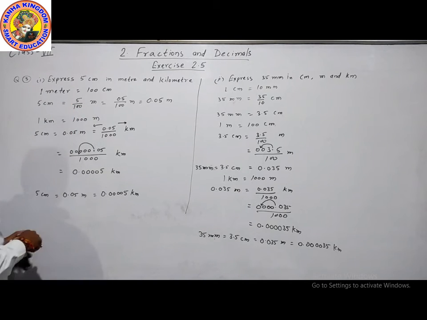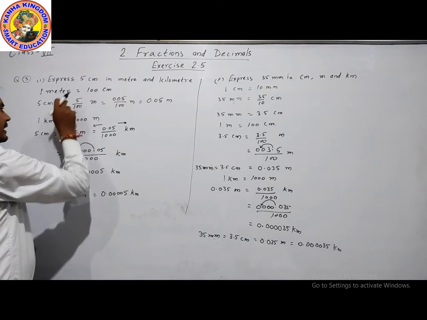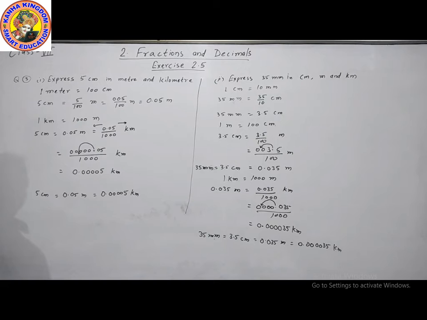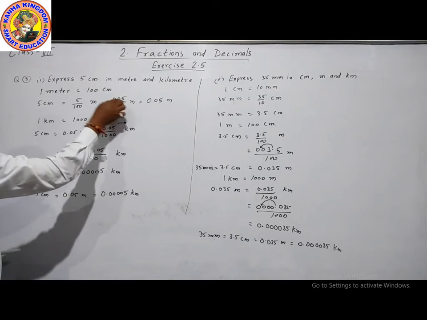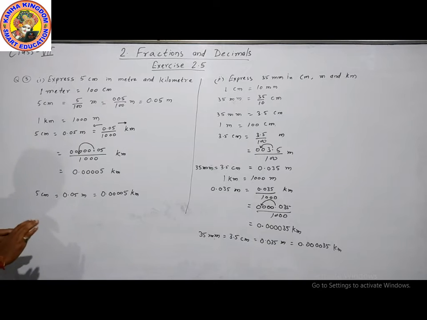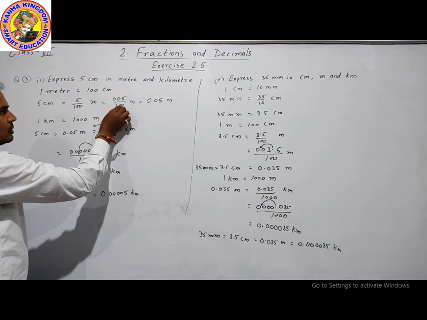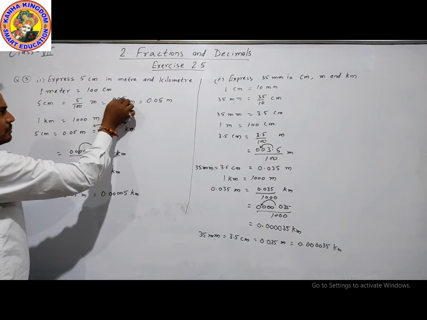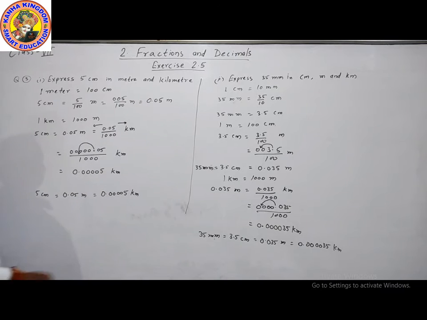Now we can add zeros at the left side. No digit will be changed. Here are 2 zeros, so we will add 2 decimal points, 1 and 2 here, 0.05 meter.